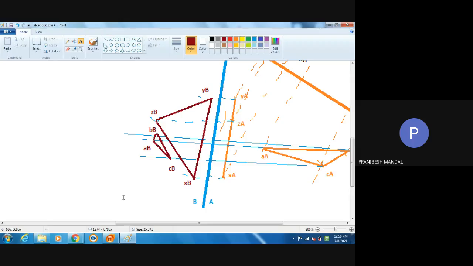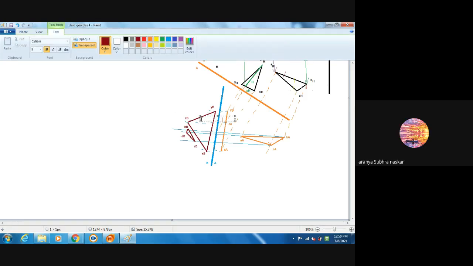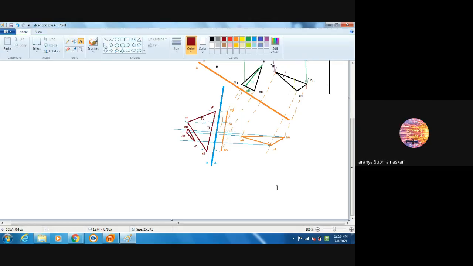Now you tell me that it is absolutely fine that you have got this particular true shape. All these are true lengths, right? Sir, XYZ are true lengths, but AB, BB, CB are not. Not ABC. But XYZ are all in true length, right? Yes, sir. If these two are true lengths, the third one is obviously true length.